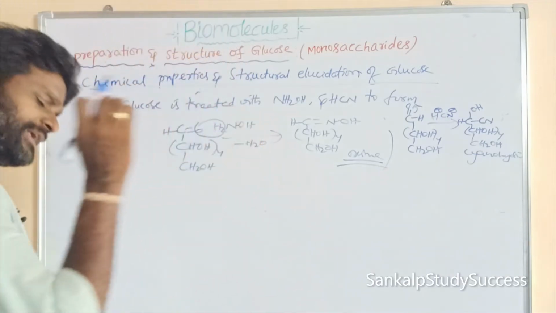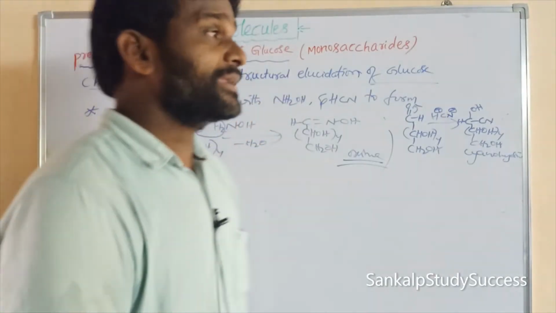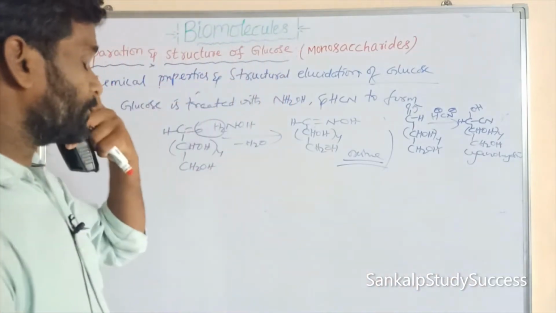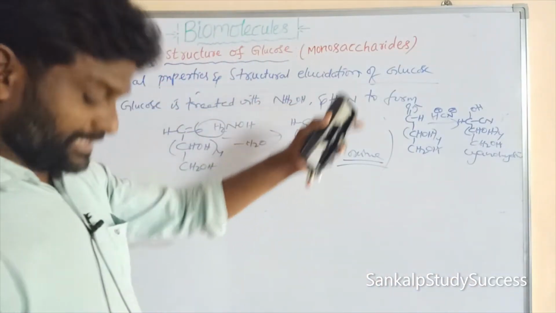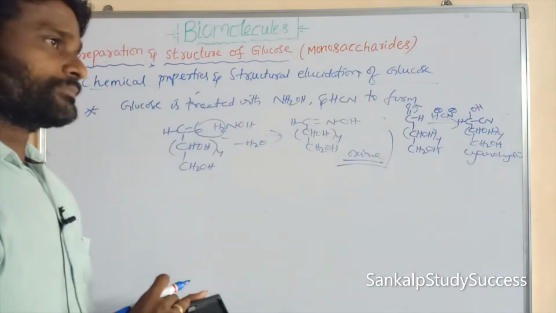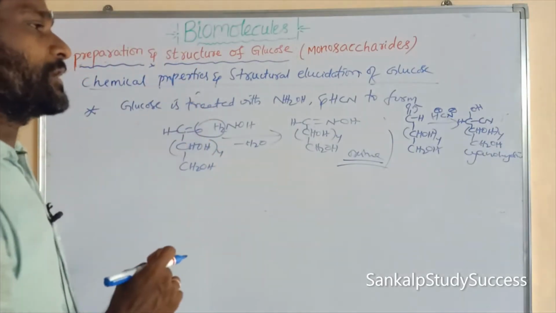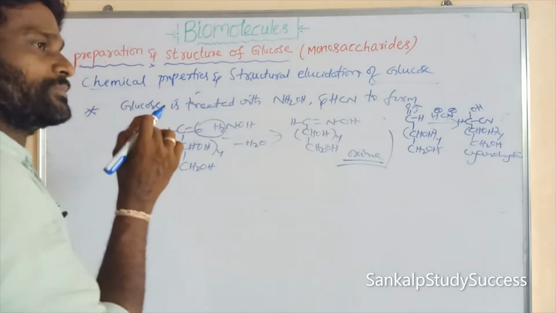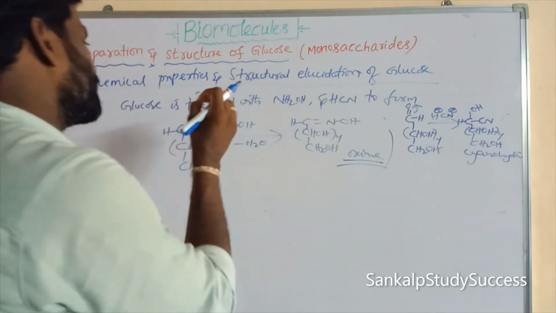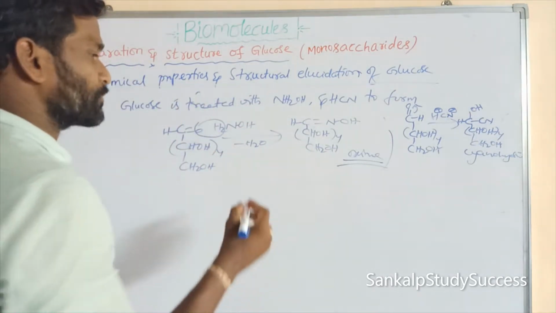So glucose is treated with hydroxylamine and hydrogen cyanide to form oxime and cyanohydrin respectively. This type of reaction can take place in the carbonyl group only. So these reactions suggest that carbonyl group is present in glucose. What is that carbonyl group?